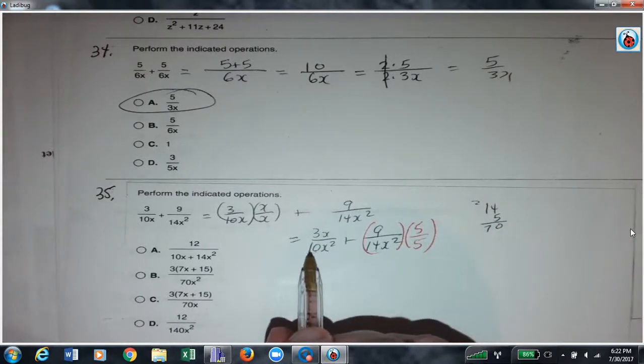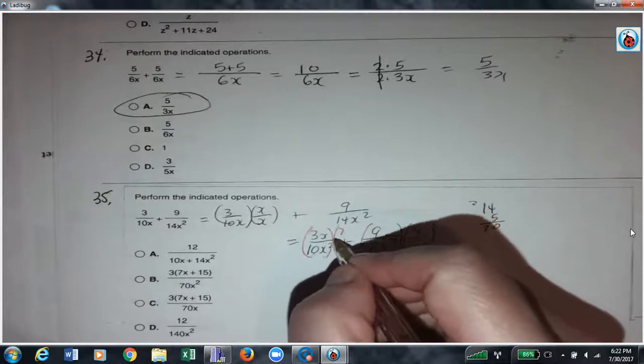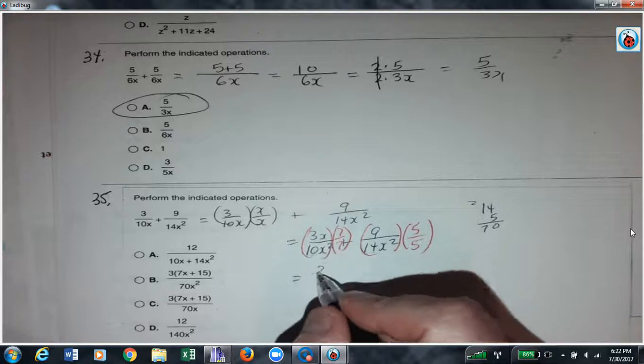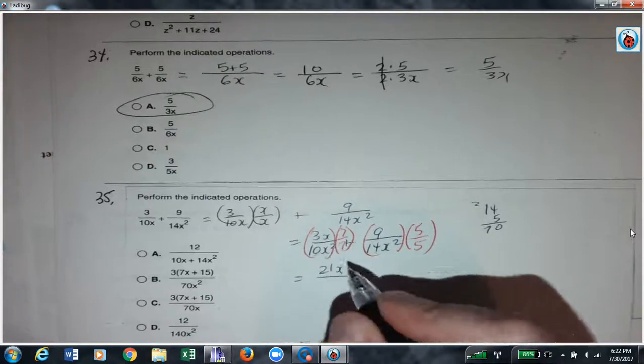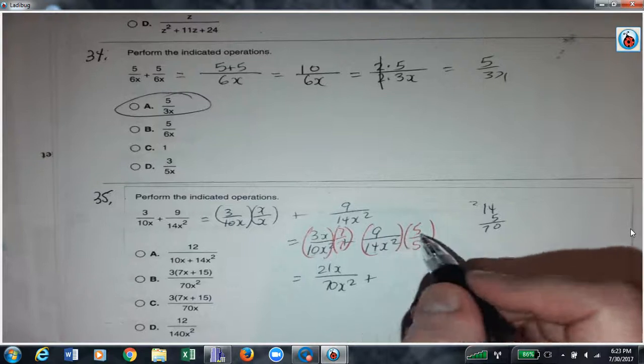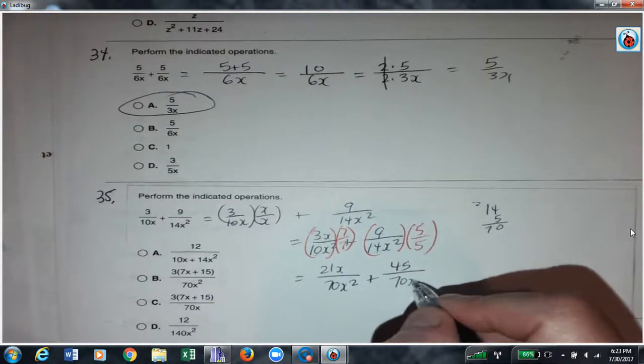And to get that to be a 70 in the bottom, I'm going to multiply top and bottom of this by 7. So I'll have 21x all over 70x squared. And 9 times 5 is 45 all over 70x squared.